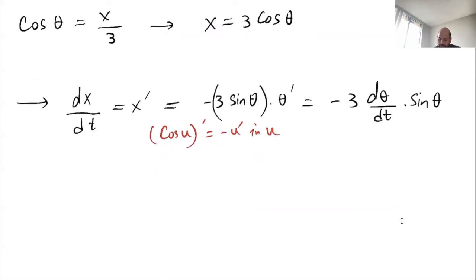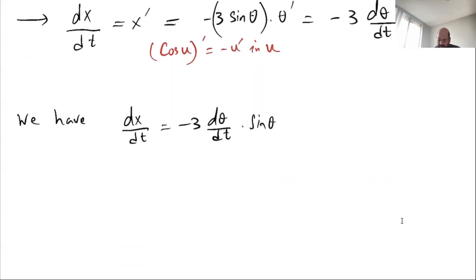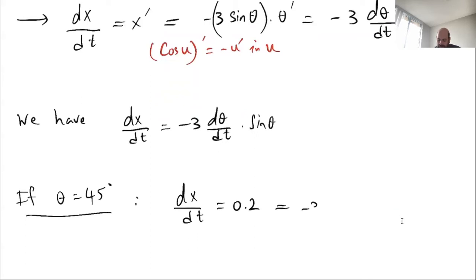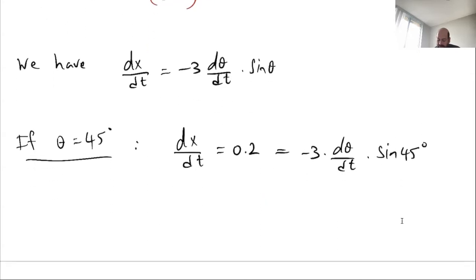Okay, so what do we get? We have dx to dt equals -3 d theta to dt sine theta. Now at theta equals 45 degrees, dx to dt, which is given as 0.2, equals -3 d theta to dt times sine 45 degrees.